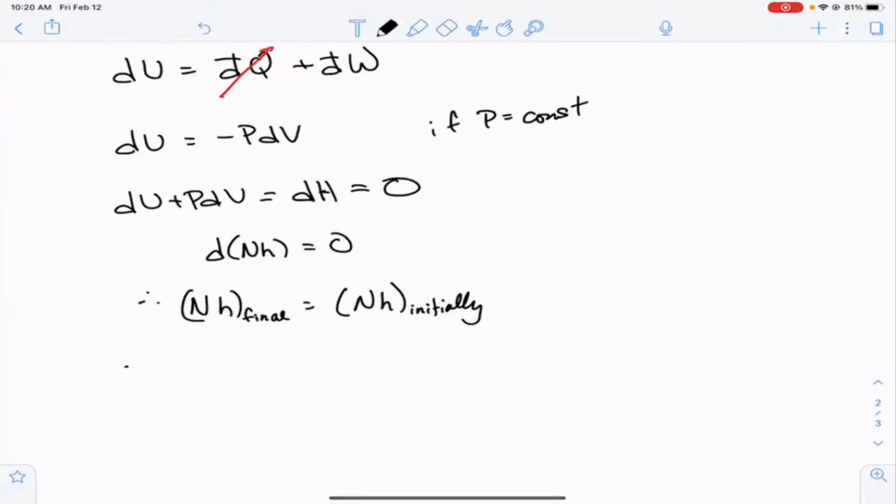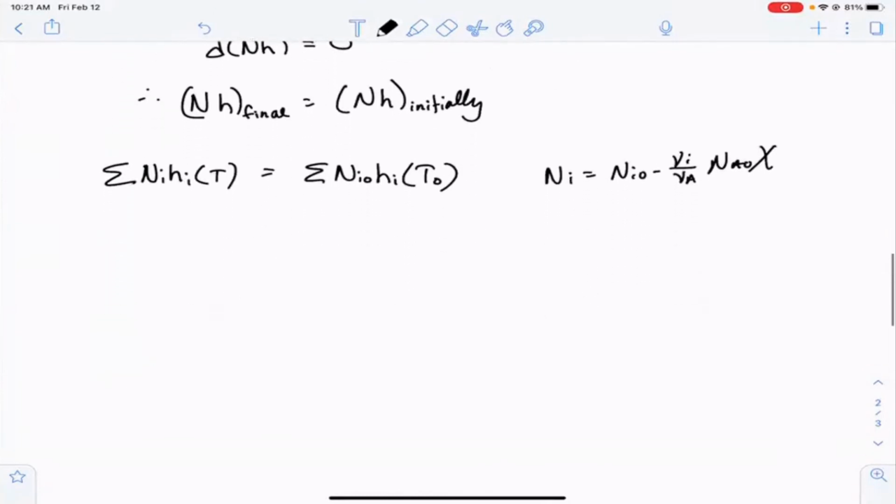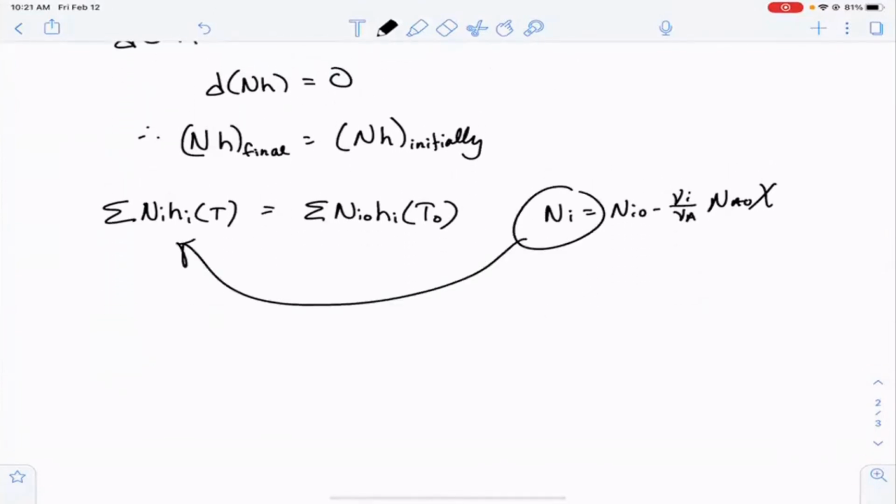And so this means that the sum of NiHi at whatever our final temperature is just equals the sum of Ni0 times Hi at our initial temperature. And remember that Ni just equals Ni0 minus the ratio of the stoichiometric coefficients times Na0 times X. And this was the result of essentially the ICE tables and the mass balances that we did a few lectures ago. And so we can put that into there.